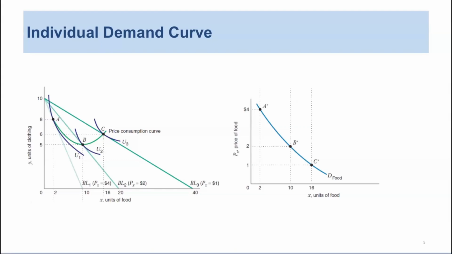Remember that we discussed this as our original budget constraint. And we discussed how we find the optimal point that maximizes utility given this budget line. In this example, it is A. The price reflected by this budget line for X is going to be 4.